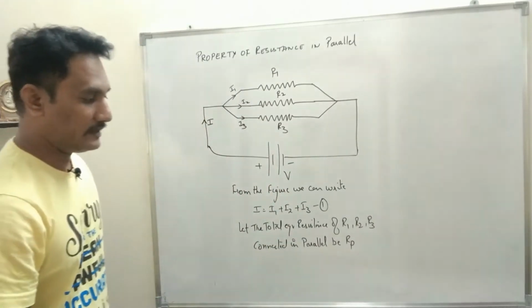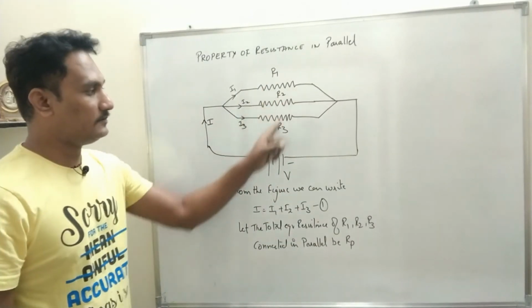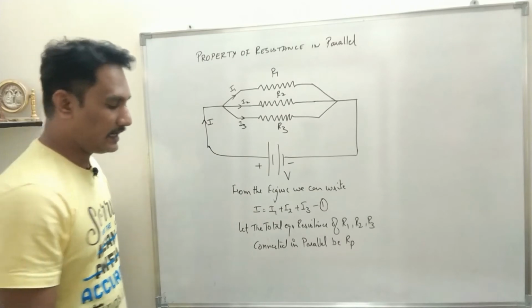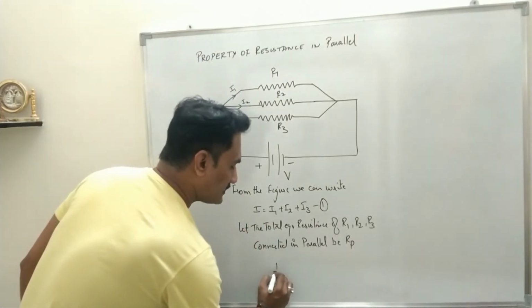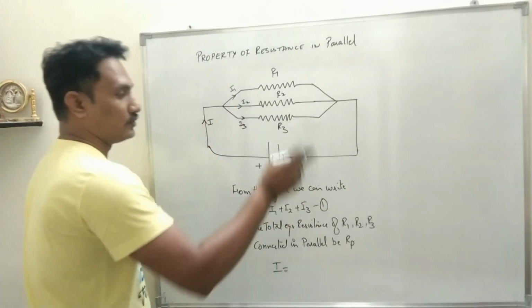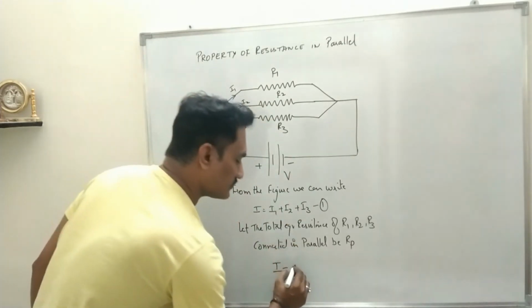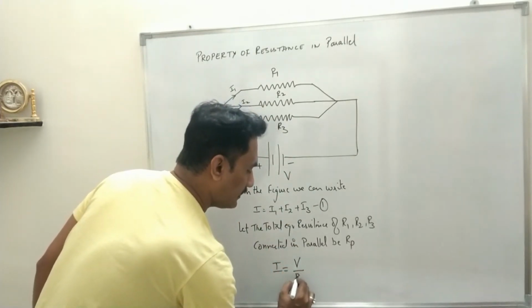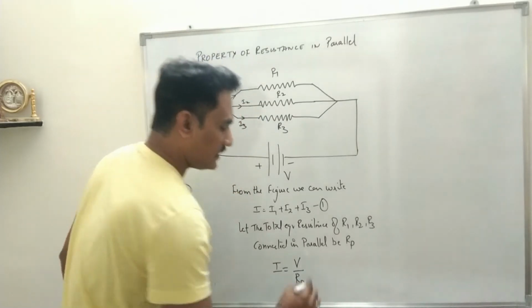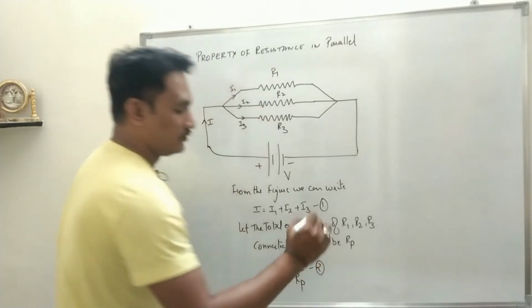Then what is the total current? I will be the total voltage divided by the total resistance. So that will be V upon Rp. Let this be equation number 2.